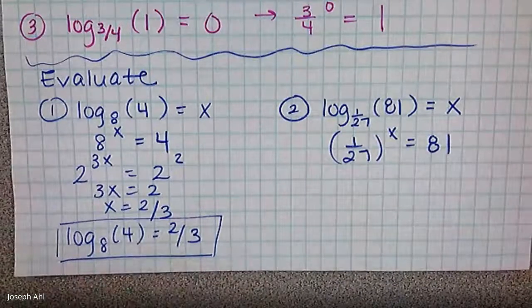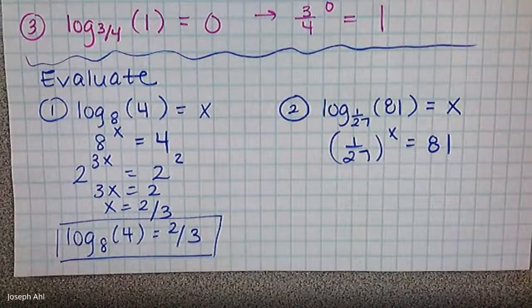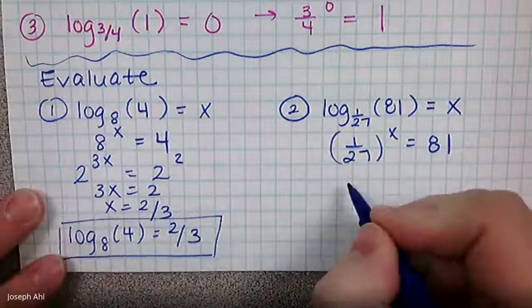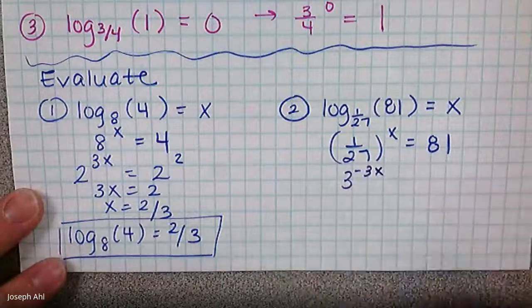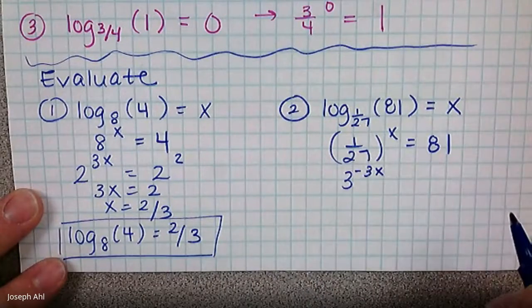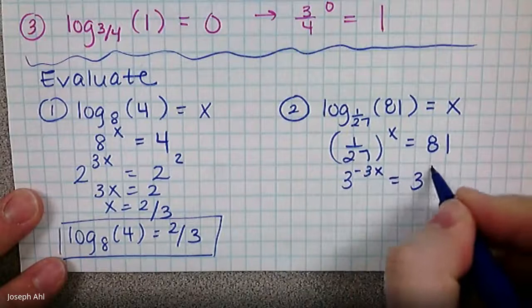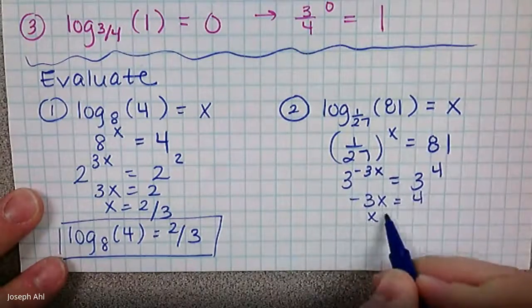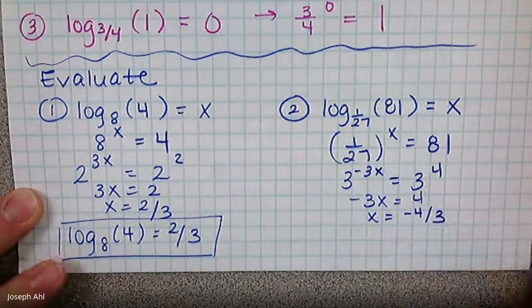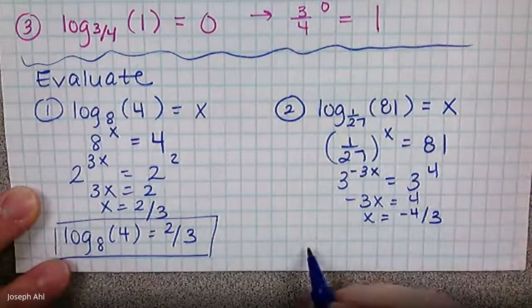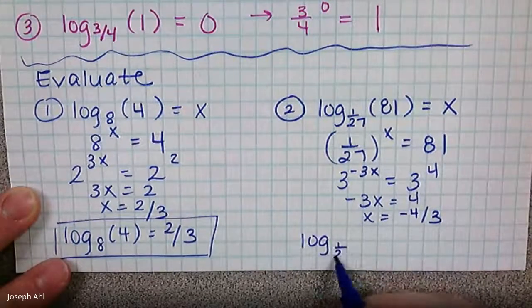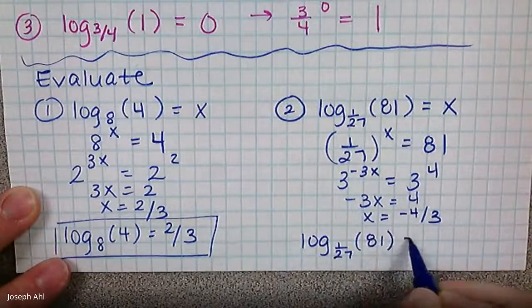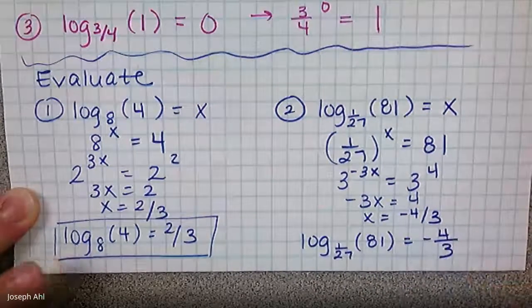And now this is a question we could have seen very easily back in our exponentials unit. Base of 3 seems like it would make sense with the 27 and the 81. 1/27 is 3 to the -3rd power, and 81 is 3 to the 4th power. So if -3x equals 4, then x equals -4/3. So the value for log base 1/27 of 81 is -4/3.